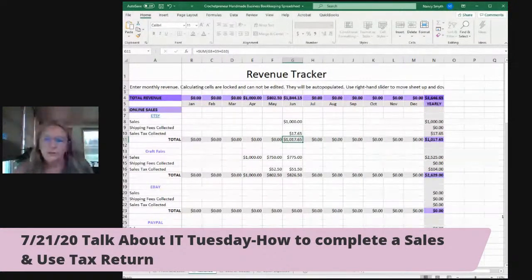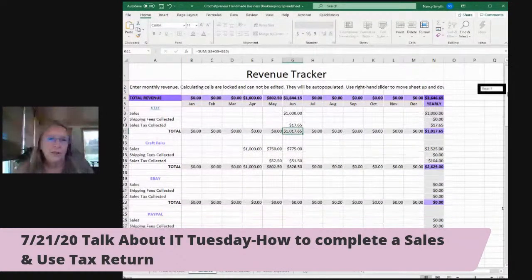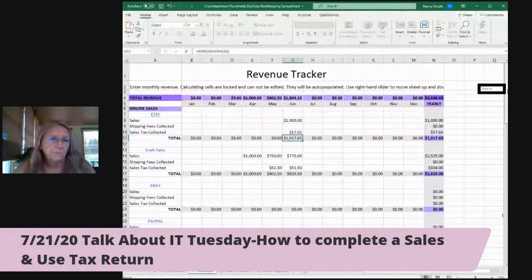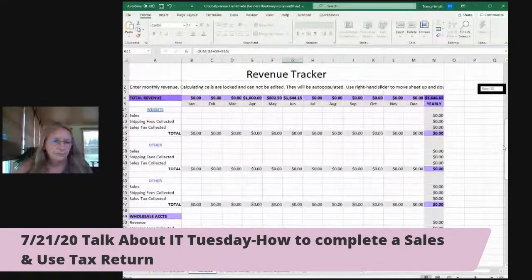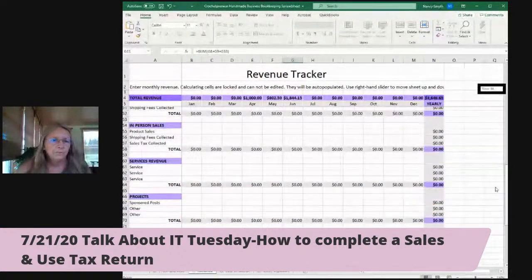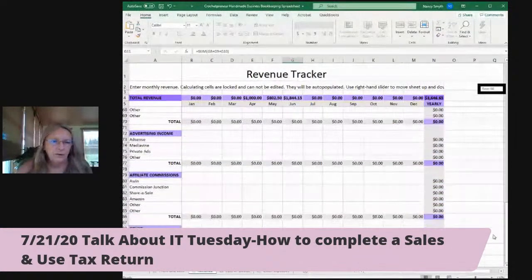I could not rely on this total revenue number because it's incorrect. I would have to go in and manually add up all the sales amounts in these different categories. There's a whole bunch of them.